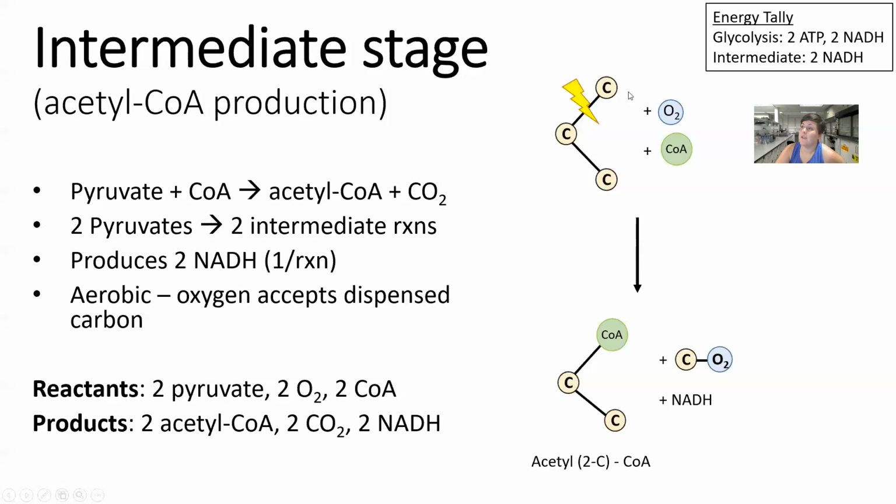In this stage, you generate carbon dioxide because that oxygen binds up that free carbon and carries it out of the body. So we're breaking a bond, releasing a carbon, binding it up with oxygen to create carbon dioxide.